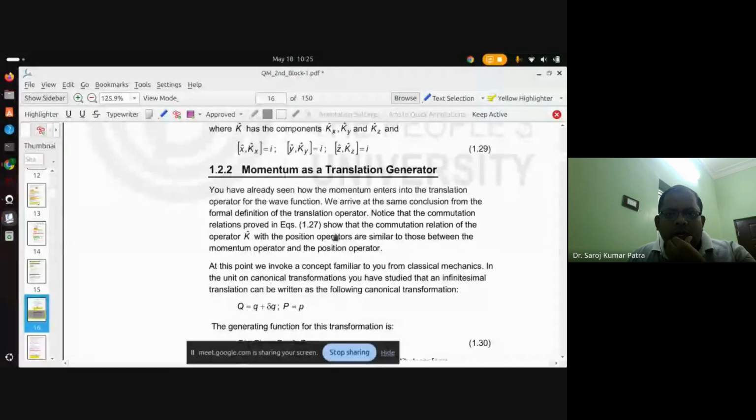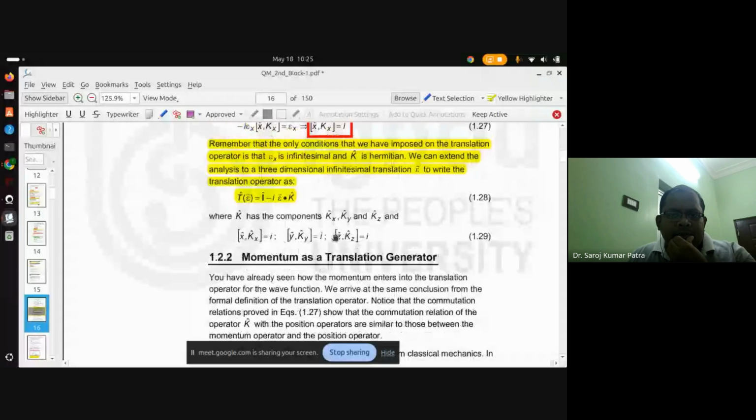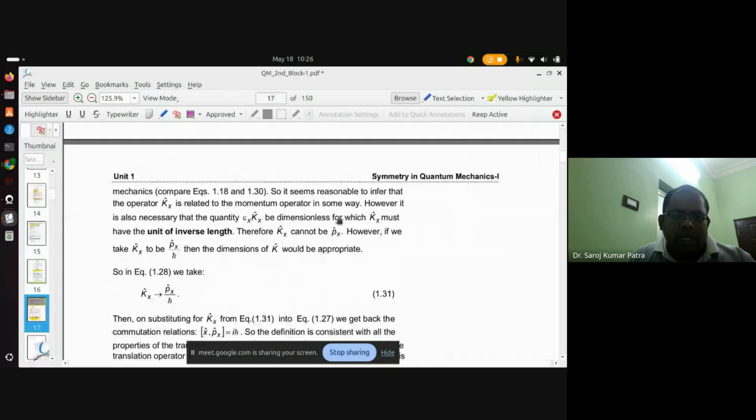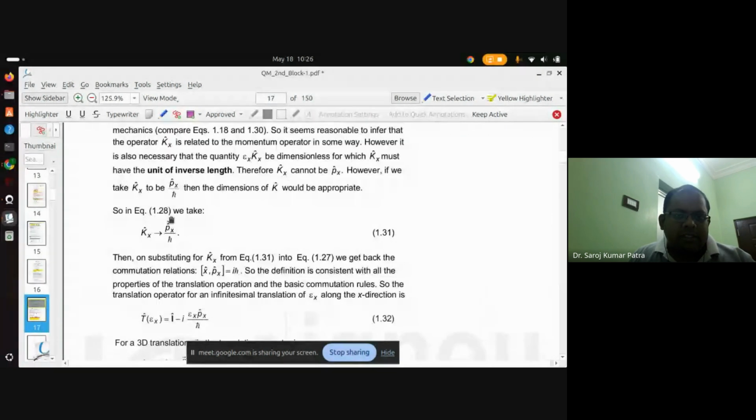So now we saw that if we use K as a generator, or for that matter momentum operator as a generator, then we can have our translation from x to x plus epsilon x. So momentum as a translation generator, so kx is basically px by h cross.